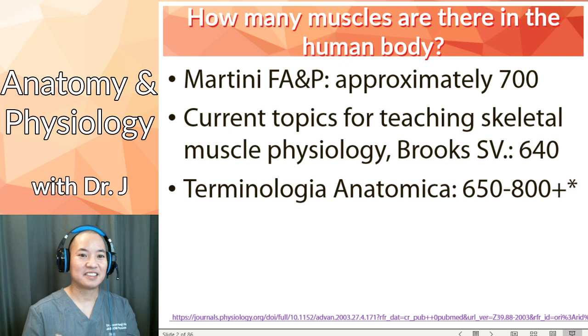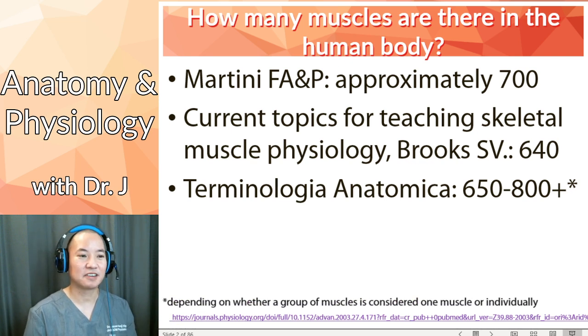And depends whether you consider, notice that I have this number from 650 to 800 plus. So where does that 800 plus number come from? Well, it depends if you consider a group of muscles as one muscle, or if you consider each head or each separate part of a muscle as a separate muscle. So this is why there's a huge range.